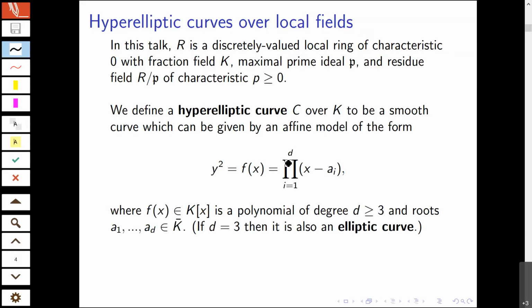Where I'm going to differ from Wan Lin's presentation is that I am allowing the polynomial to be of degree as low as 3, right? Anyone who studied elliptic curves knows that when y squared equals a cubic in x, that's a standard equation defining an elliptic curve. So I'm considering an elliptic curve a special case of hyperelliptic curve, the lowest genus case.